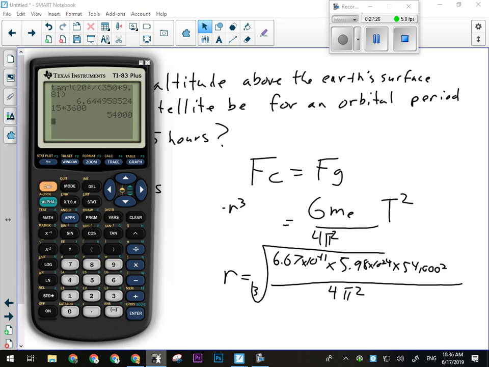Now I need to take the cube root of that.